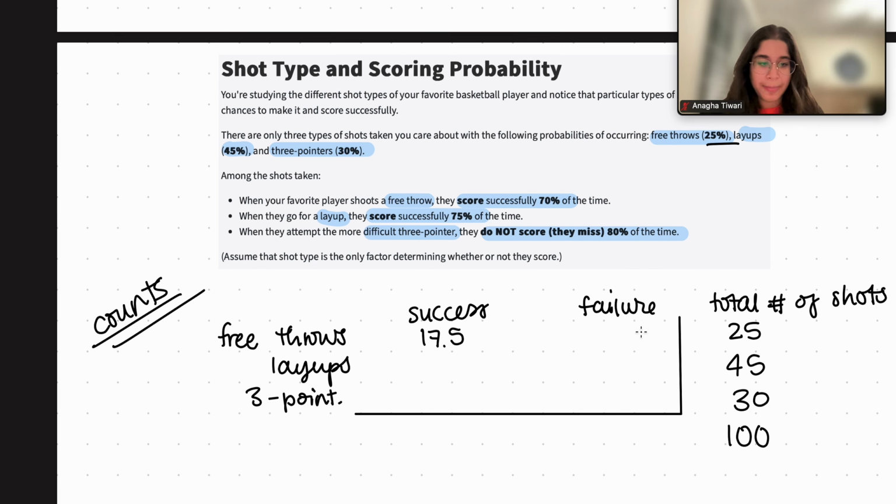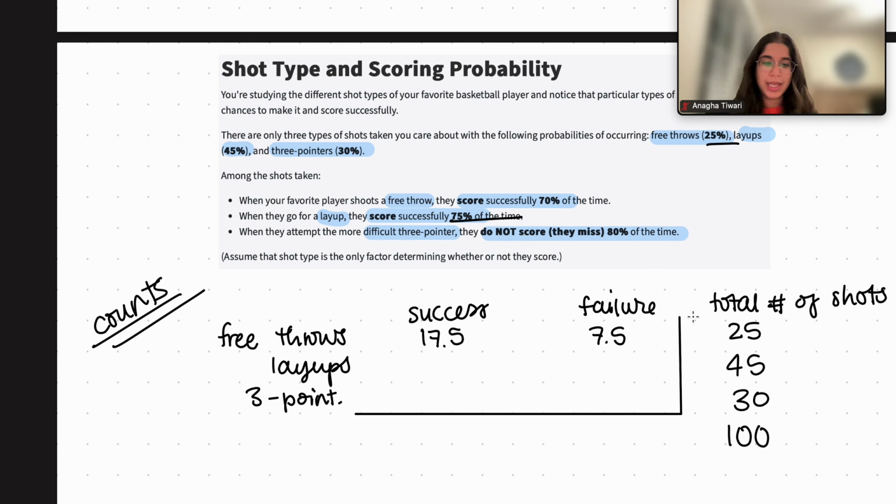So no rounding. If 70%, or 17.5, of these 25 shots are successes, then you know that 7.5 of them are going to be failures. And similarly, when they go for a layup, they score successfully 75% of the time.